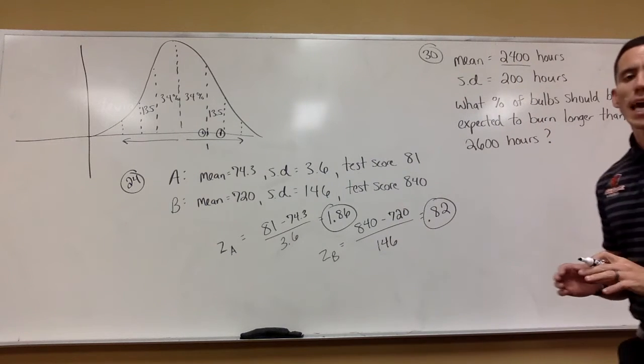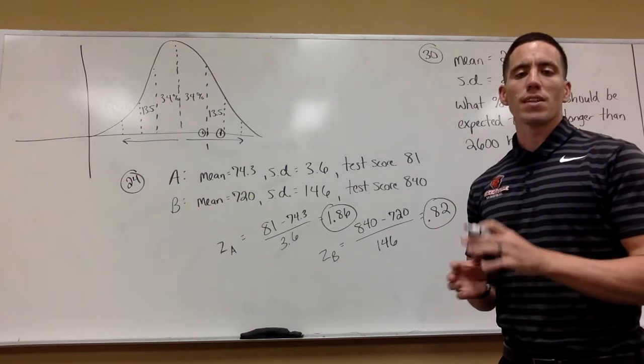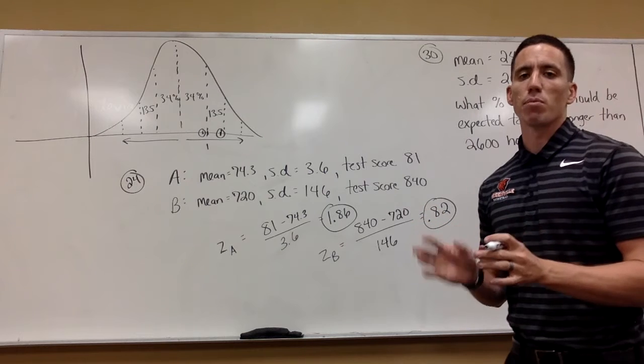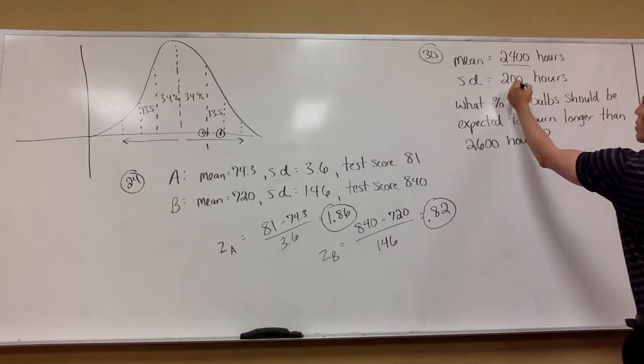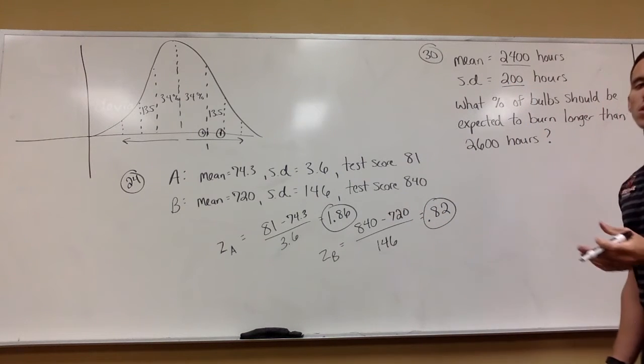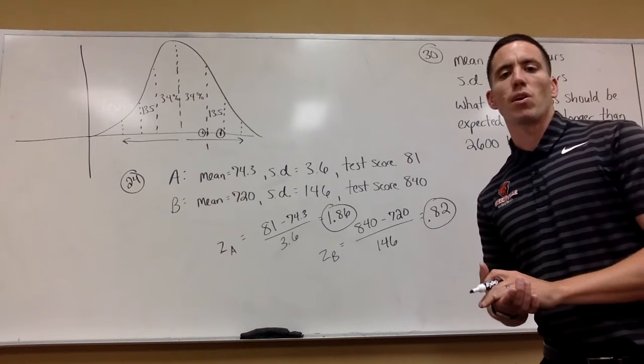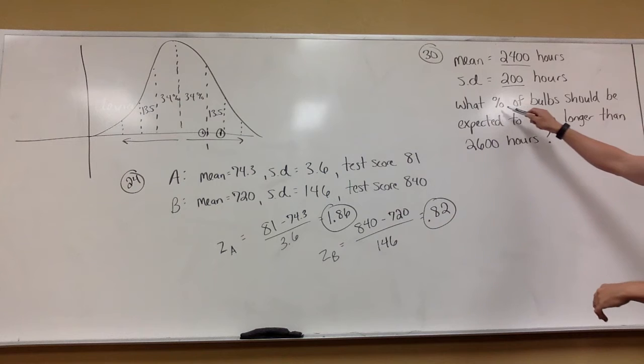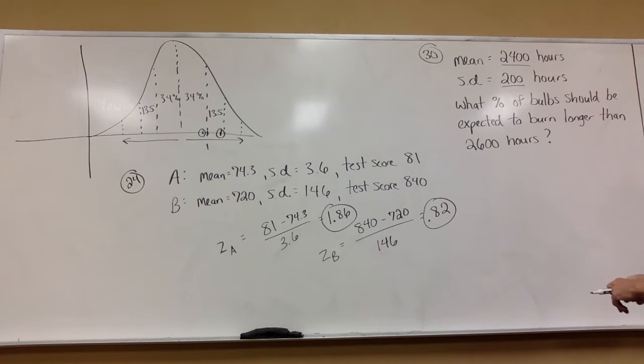For that same light bulb, they have calculated that the standard deviation of life of the light bulb is 200 hours. And the question is, if you just go to the store and you pick up one of those light bulbs, what percent of these type of bulbs that are sold should be expected to burn longer than 2,600 hours?